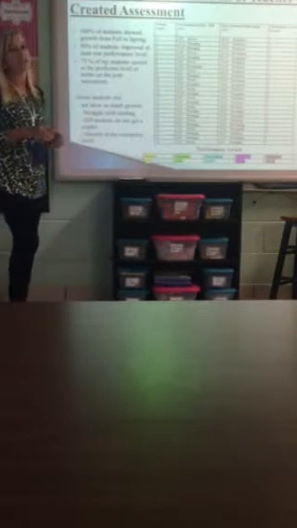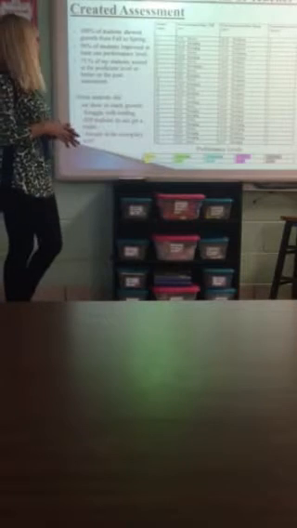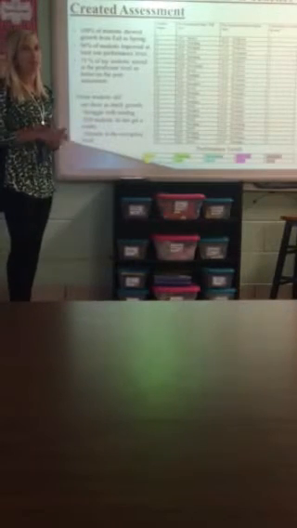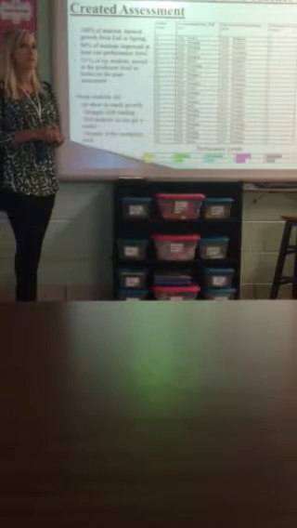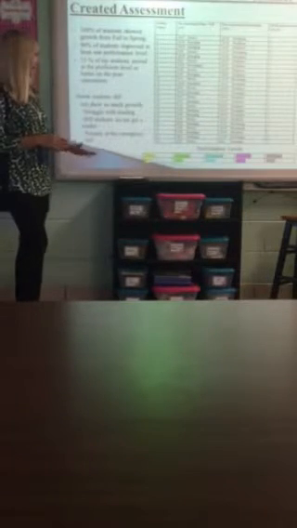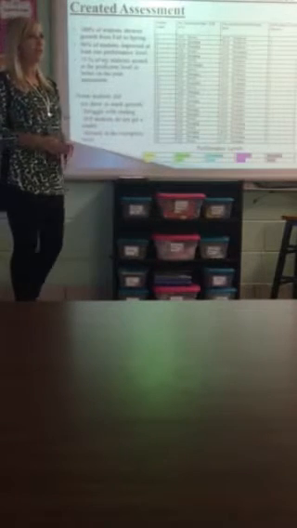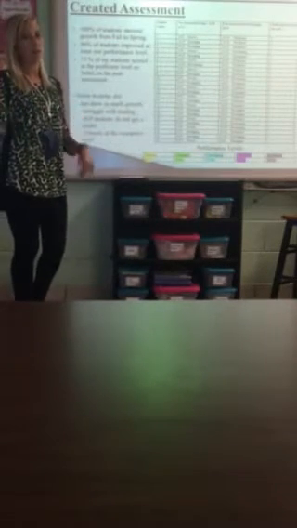And some of my students didn't actually show growth as much as others, because some of my IEP students who struggle with reading were having a really hard time. And then I had one student who was already at the exemplary level, so he didn't really have anywhere else that they could move up.